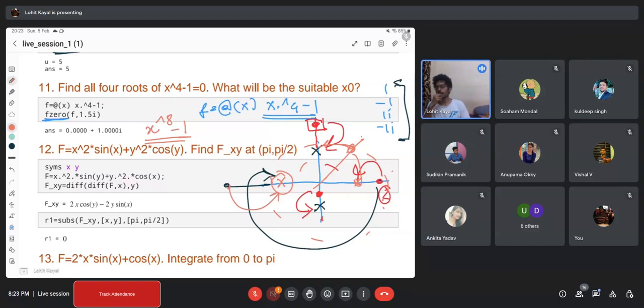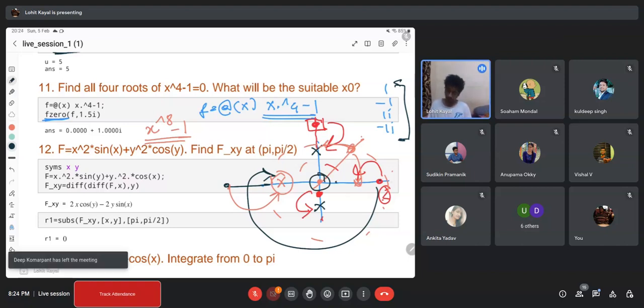Try with 0.01. Yes, sir. f comma 0.01 is also giving minus 1. Okay, so mostly the logical idea holds, but what MATLAB is inherently doing inside fzero, we don't know.